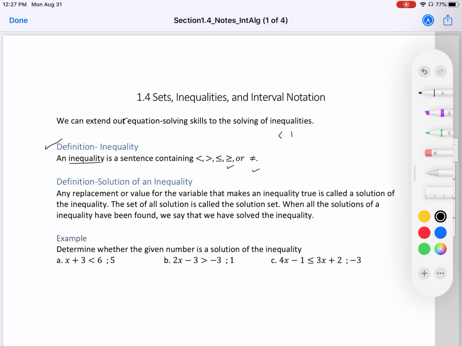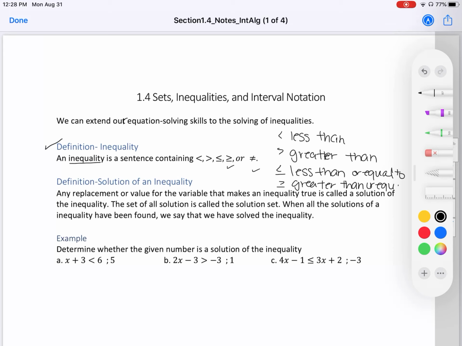So again, we have less than, greater than, less than or equal to, and greater than or equal to. Okay, let's talk about each one.